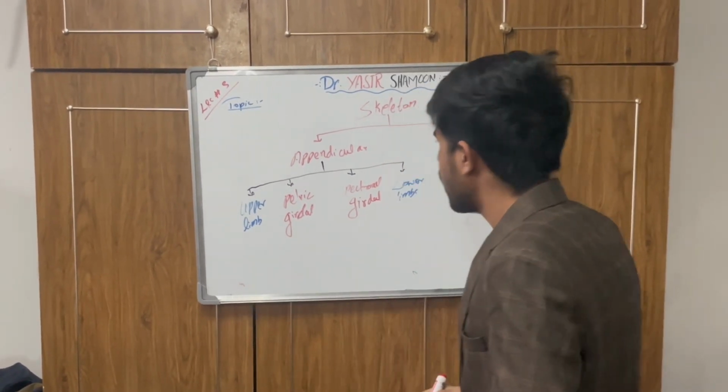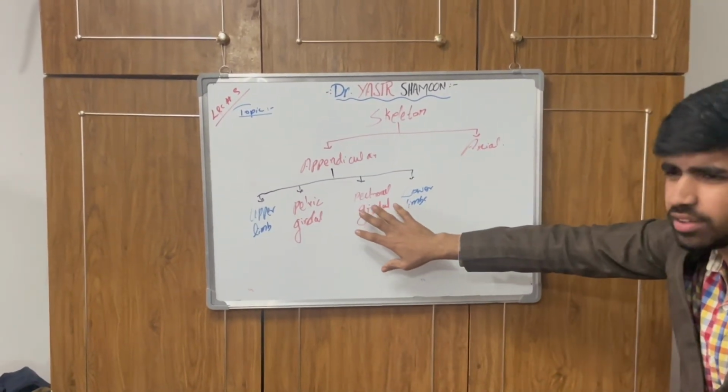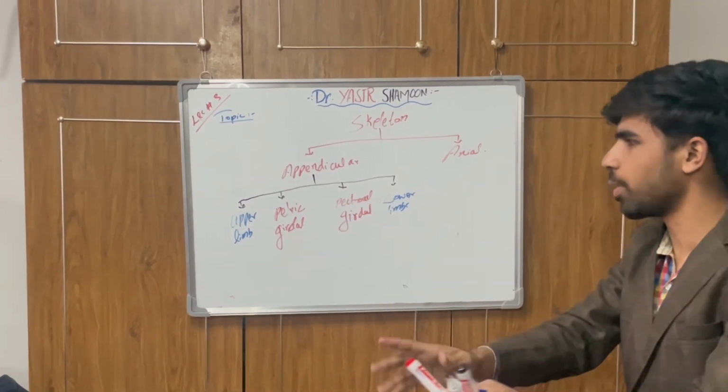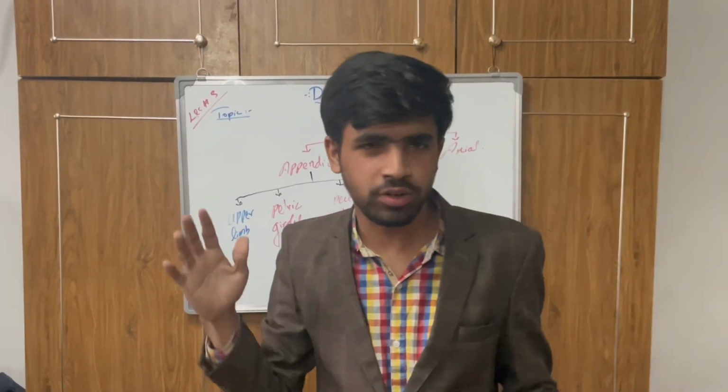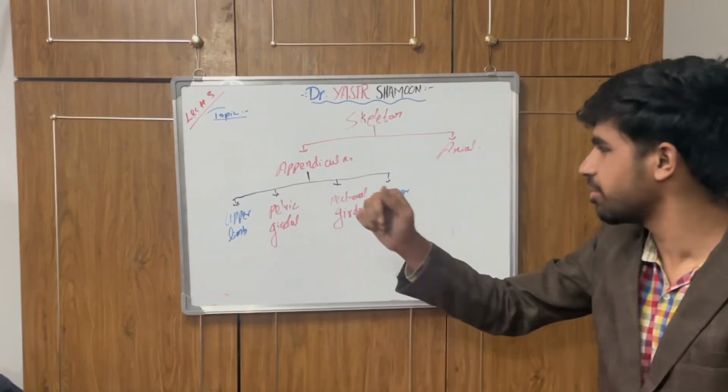These are the parts of the appendicular skeleton: upper limb, lower limb, pectoral girdle and pelvic girdle.